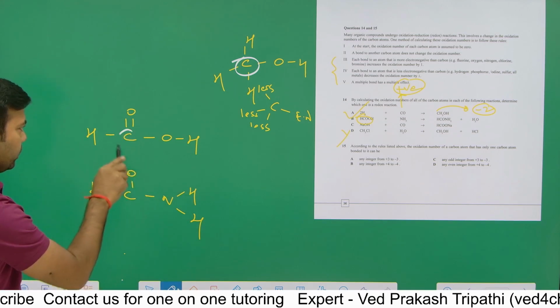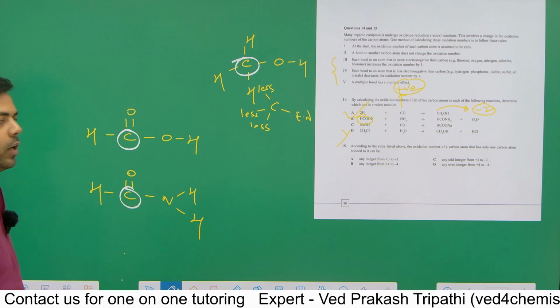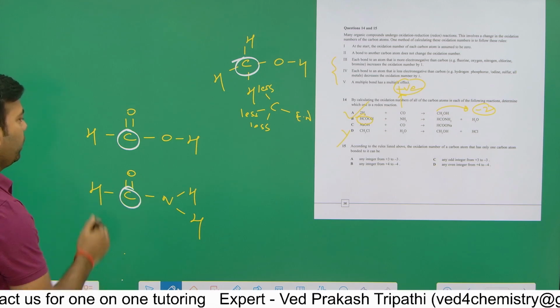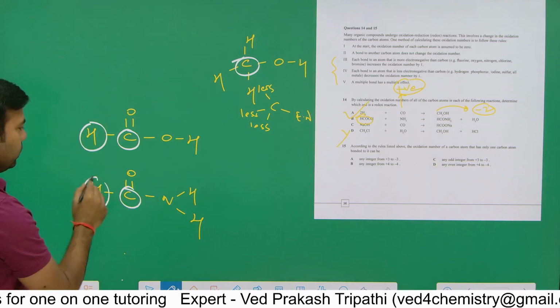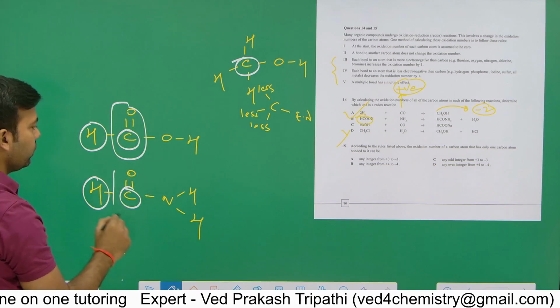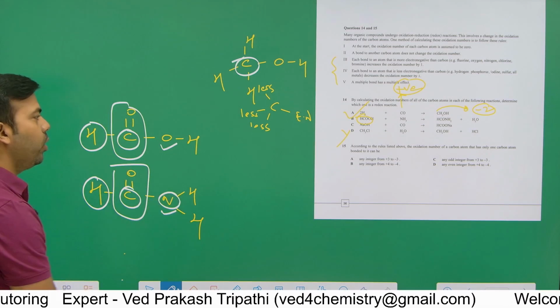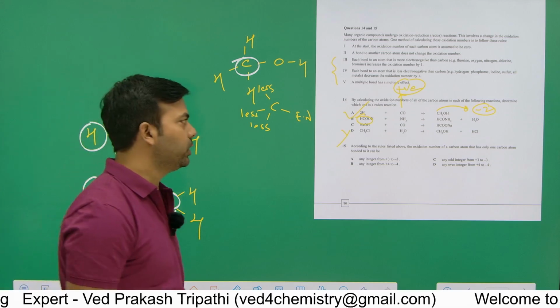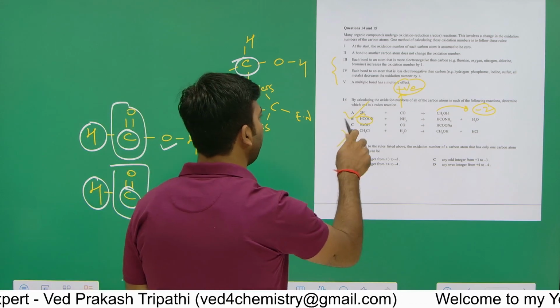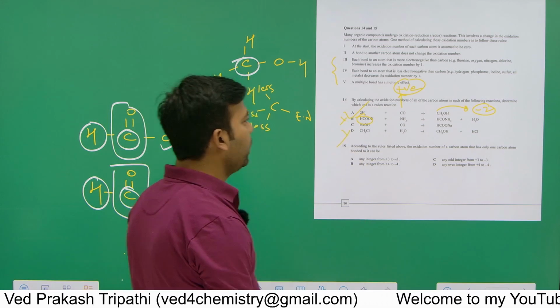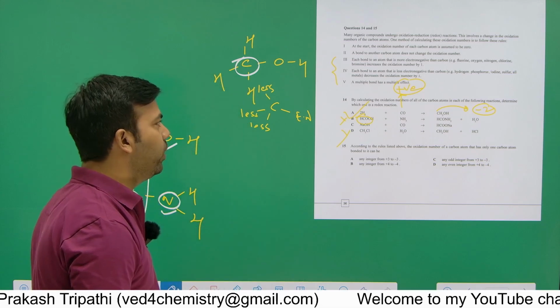This is my carbon. You can see same bonding pattern again. Hydrogen common, C=O common. One is more electronegative, and here nitrogen is also more. So same bonding pattern, it means no change in oxidation number. So B is wrong as well. Clear? And same bonding pattern in the CO as well.